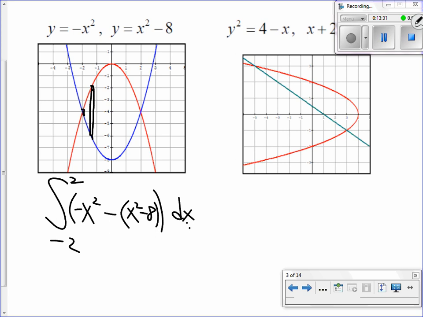All right, now, we want to be efficient. Would it be more efficient to use vertical strips or horizontal strips? Horizontal. Because if you try to use vertical strips, you might be happy, oh, y top minus y bottom. But once you get to this point of intersection down here, y bottom now changes from the line to the parabola.